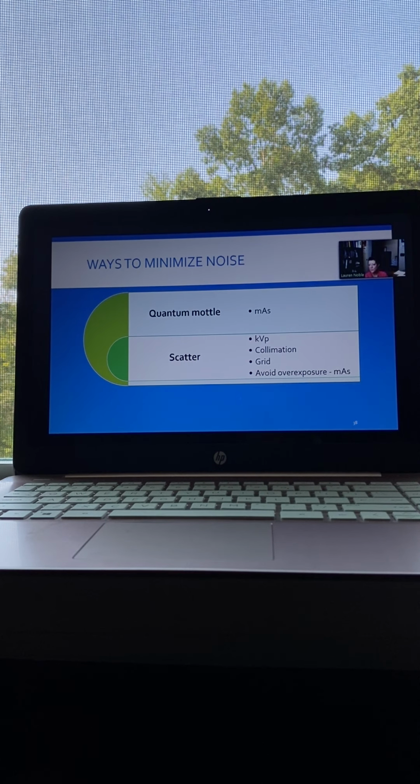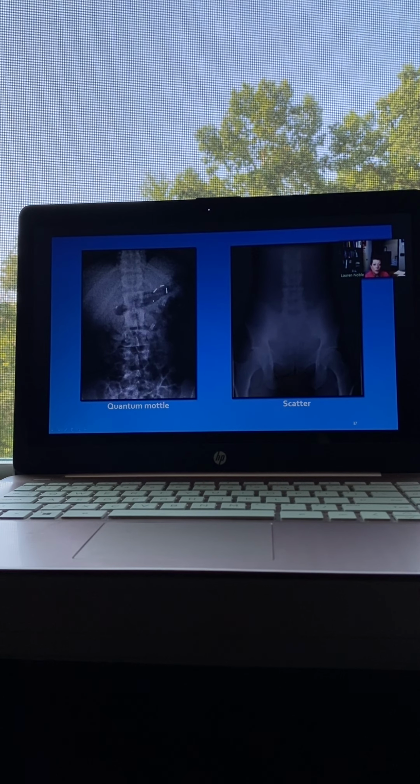That's why you have that speckled appearance, okay? It's like having a puzzle, but having some of the pieces missing, okay? So the way to control quantum mottle is use the proper mAs. You have to have the proper number of photons to create the image. Otherwise, that's what you end up with.